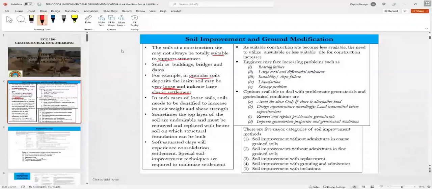Anybody? Why do you think they'll produce large elastic settlement?